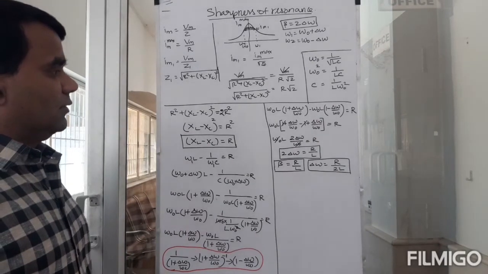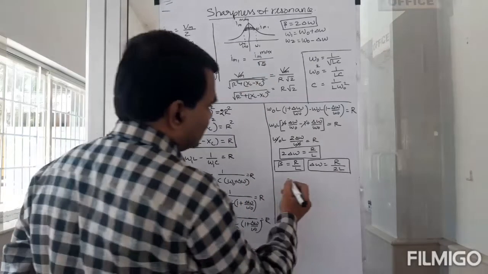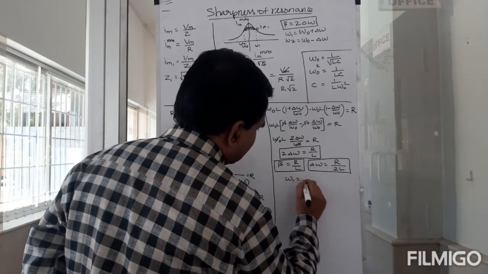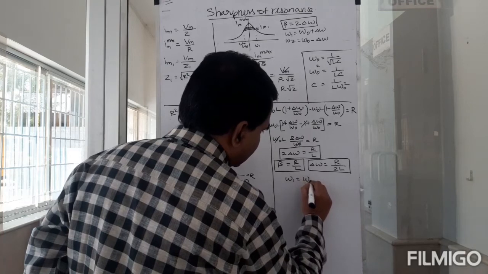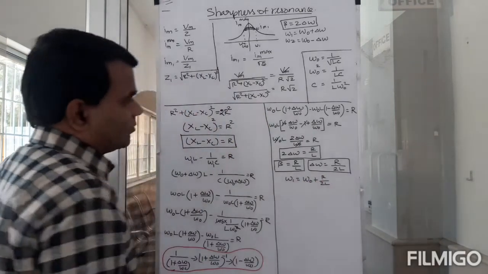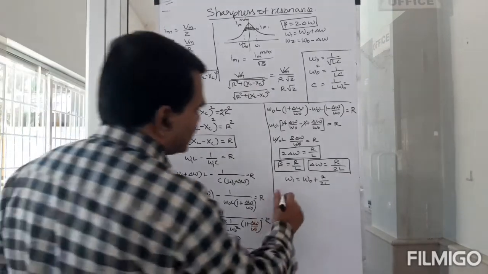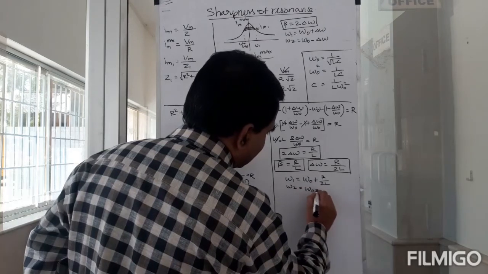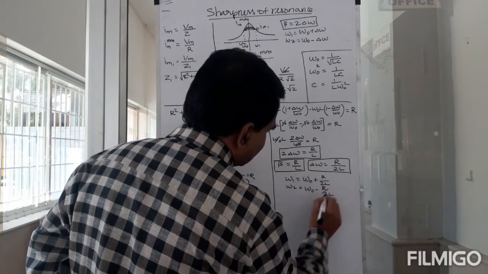And what else here? My omega 1 is simply omega naught plus R by 2L. That's all. And my omega 2 can be written as omega naught minus R by 2L.